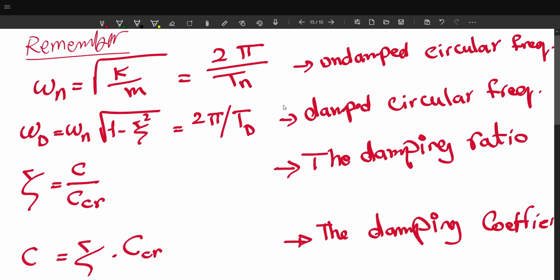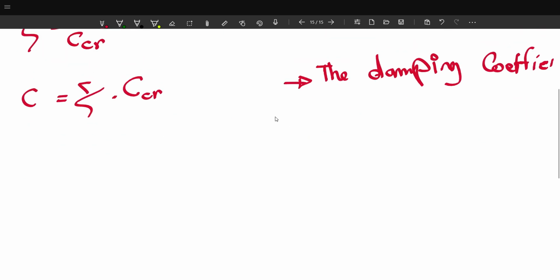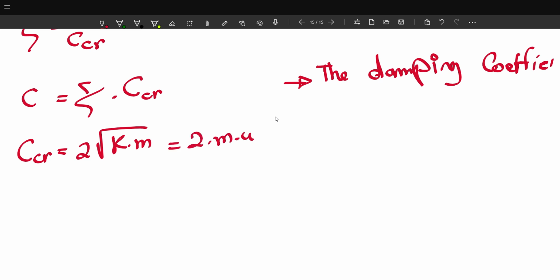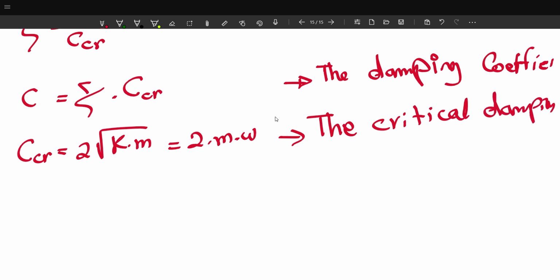So this is the damping coefficient. And then we have CCR, the critical damping coefficient. It equals 2 times the square root of K times M, which equals 2m omega. We call this the critical damping coefficient.